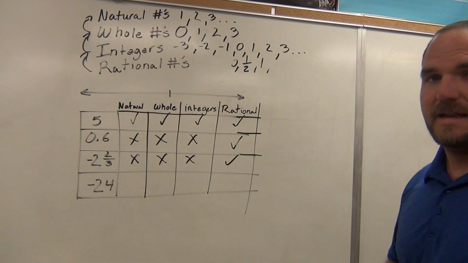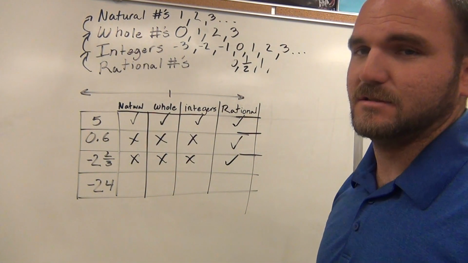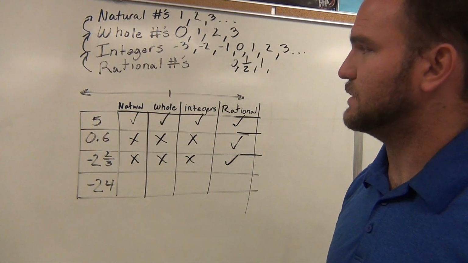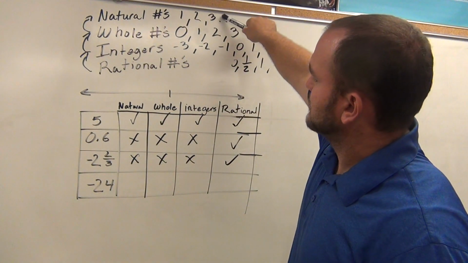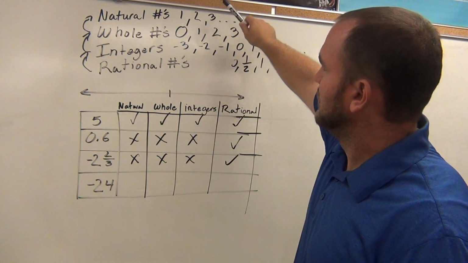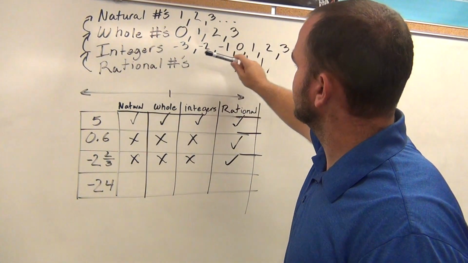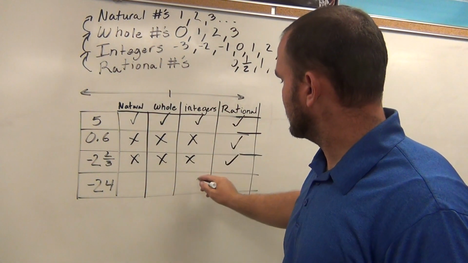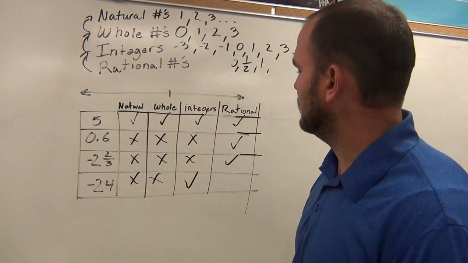Last one, -24. So this is not a fraction, not a decimal, but it is a negative number, and so it falls into a special category. Positive numbers, well, these are only positive numbers. Whole numbers doesn't include negatives. Integers. So if we look onto our chart here, we start with integers for a negative number.